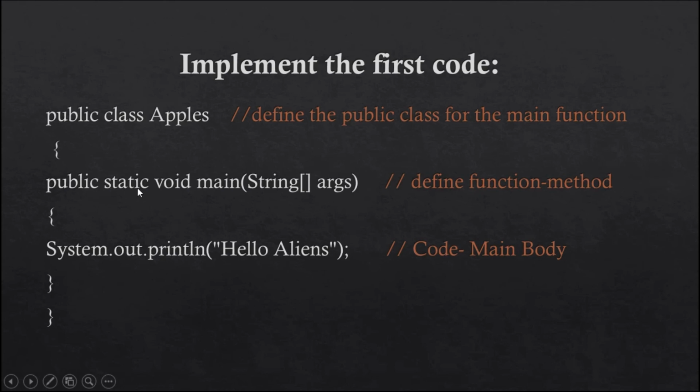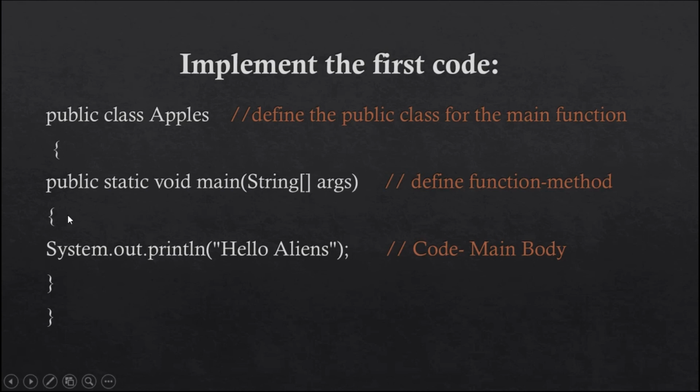This is public static void main. In the parentheses, we pass the parameters, the arguments. This is a String argument that we are passing here. We have defined that this is a string, and args is the name of that string.